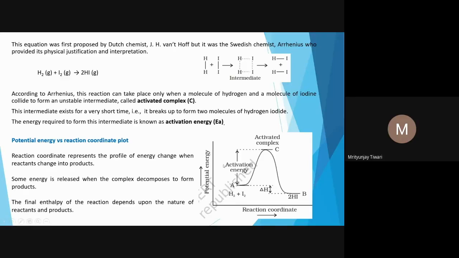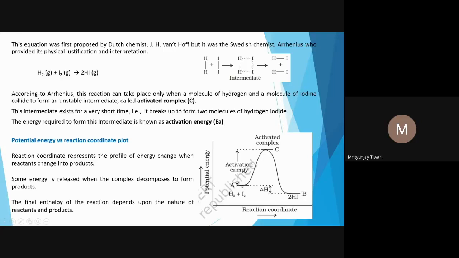If you draw an energy profile diagram for this reaction, we also call it a potential energy versus reaction coordinate plot. Looking at the potential energy profile, the H2 plus I2 have certain energy.